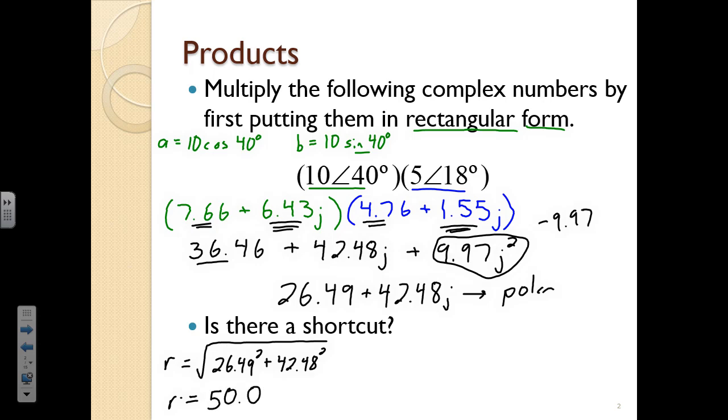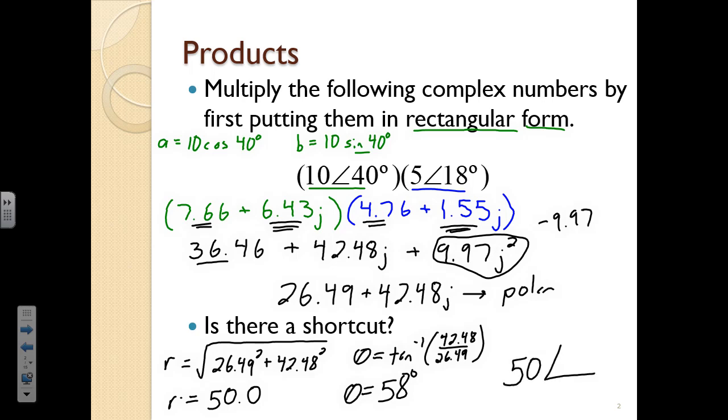Our angle, theta, is going to be the inverse tangent of our imaginary part, 42.48, divided by our real part, 26.49. We've done all that before. And your angle turns out to be about 58 degrees. And so that means that when you multiply these two things together, you get 50 at 58 degrees.